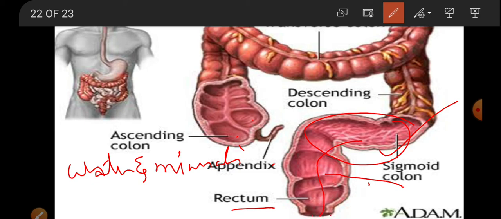Such elimination of undigested food particles through the anus is called egestion. Remember this word, egestion. It is where the undigested particles travel all over the large intestine and are eliminated from there. Such a process we are calling egestion.